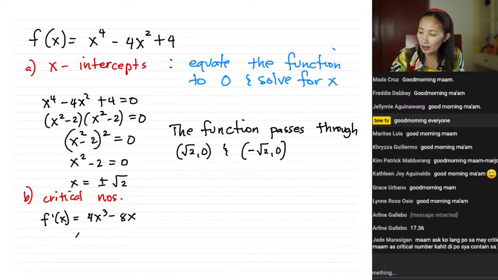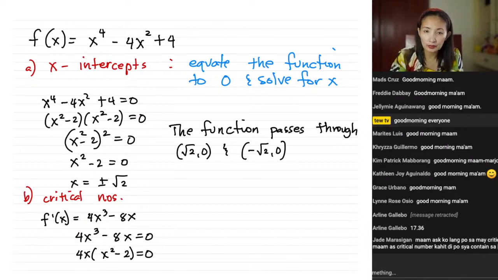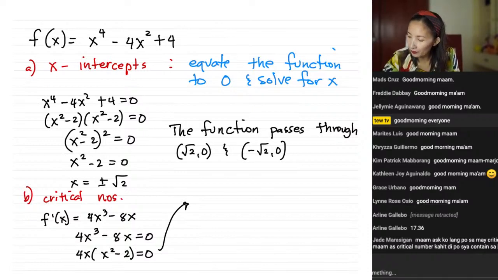And then equating this to 0, we can factor this out. X squared minus 2 equals 0. So, what will be our critical numbers? X equal to 0 and x equal to positive, negative square root of 2.